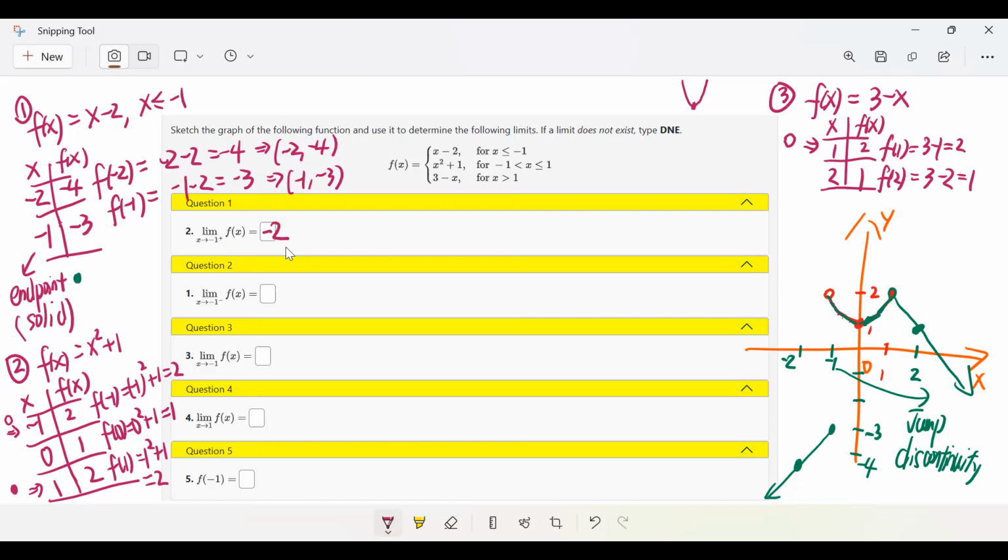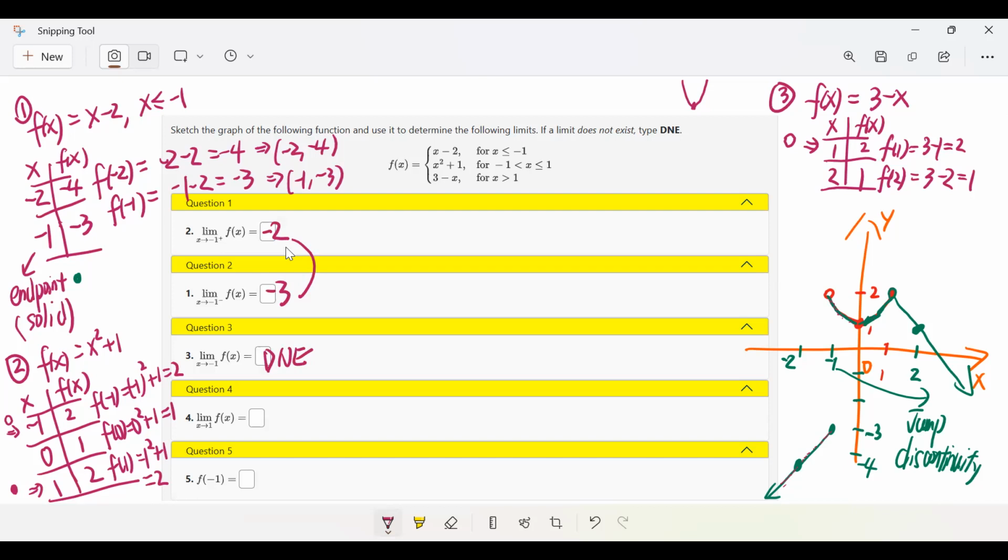And second part, limit when x approaches -1 from the left. This is approaching -1 from the left. Then the y value approaches -3. And these two do not agree with each other, right? That means the overall limit when x approaches -1 does not exist.